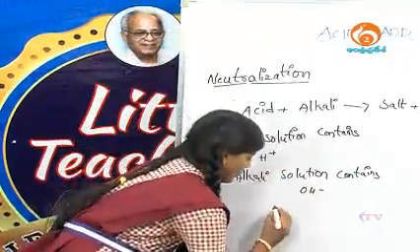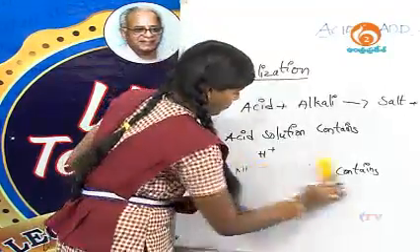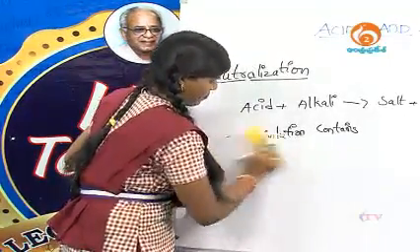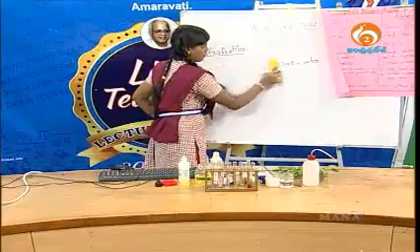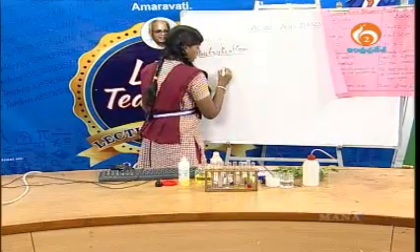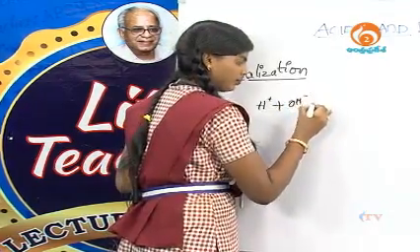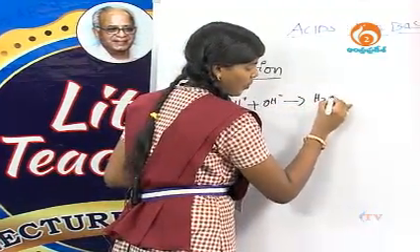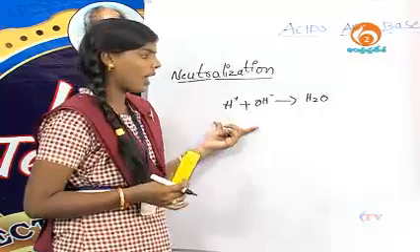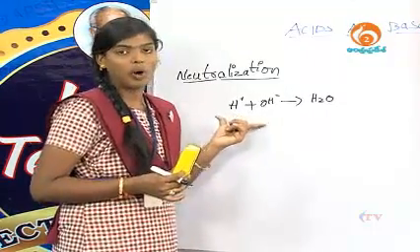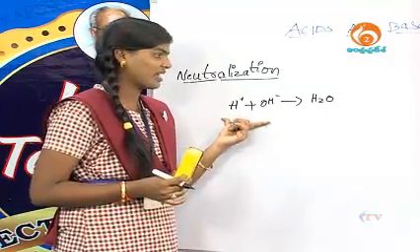Look at this. This is the hydrogen ion. This is the hydroxide ion. Then a water molecule is formed. The above ionic equation shows what happened in neutralization reaction.